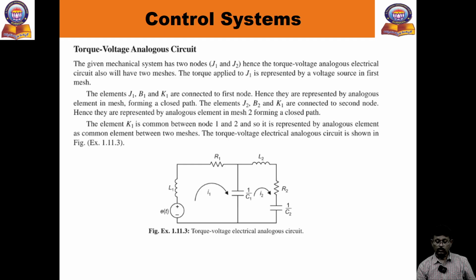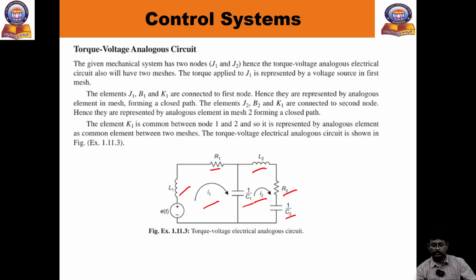There are two loops, I1 and I2, for J1 and J2. In place of x1 and x2 we write I1 and I2. So J1 is L1, J2 is L2, the spring constant is 1 by C, and the dashpot is R. Previously this was the torque voltage equivalent circuit, and in translational systems the same was written.